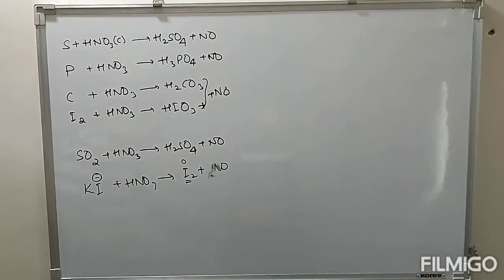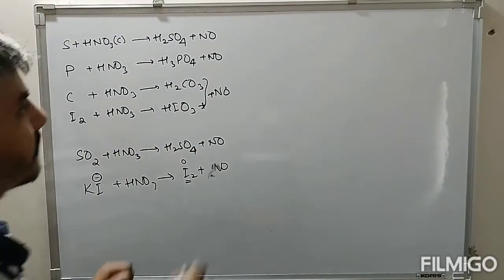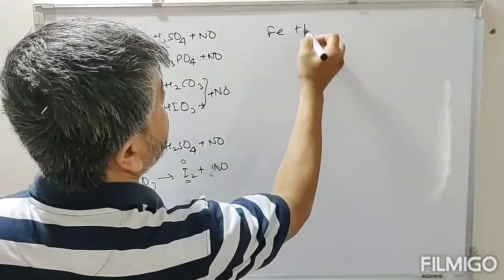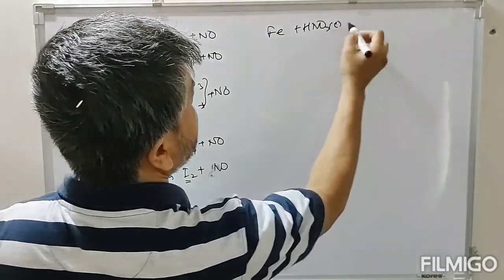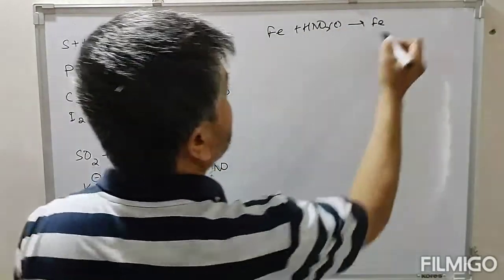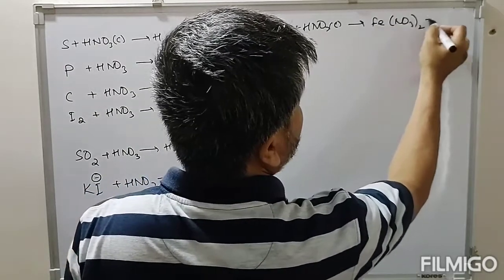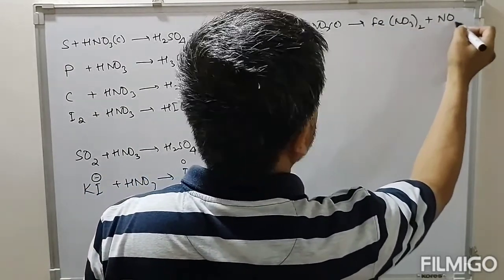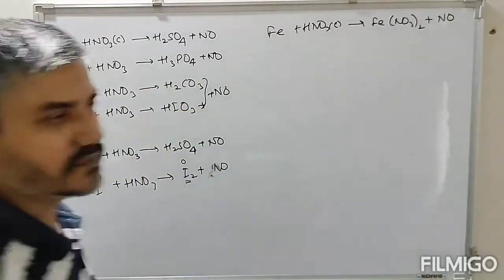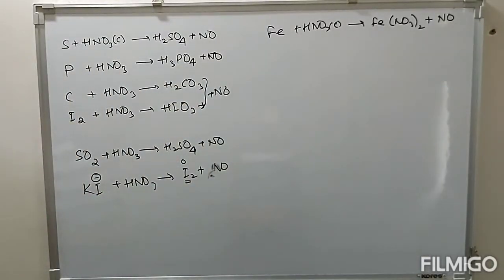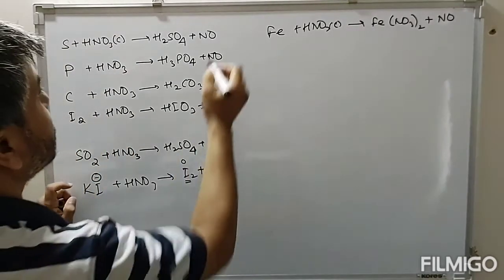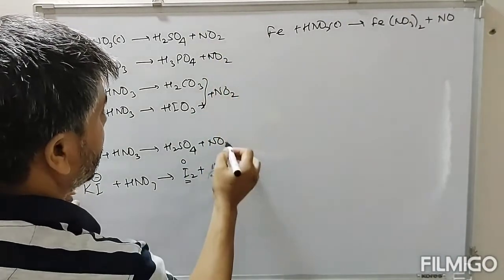Some metals like iron, when they react with concentrated nitric acid, give you the nitrate plus NO2. So this is concentrated, so this will give NO2.